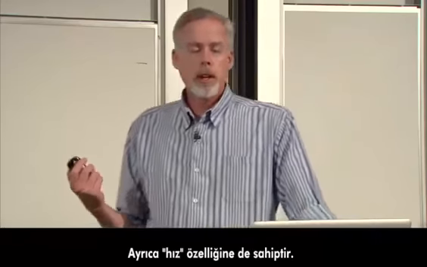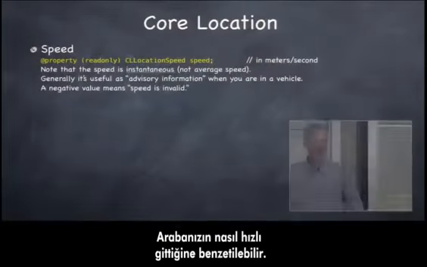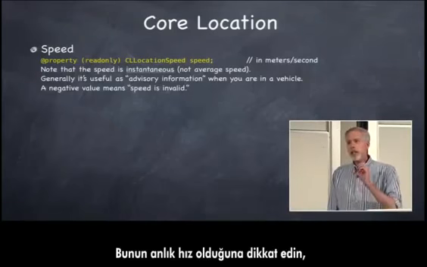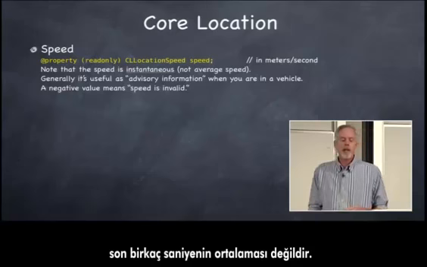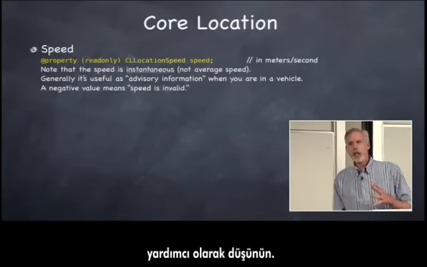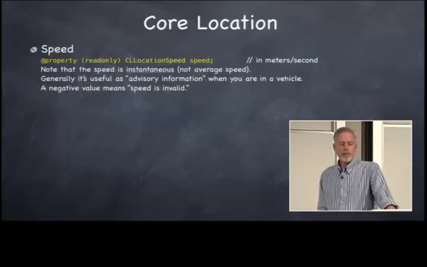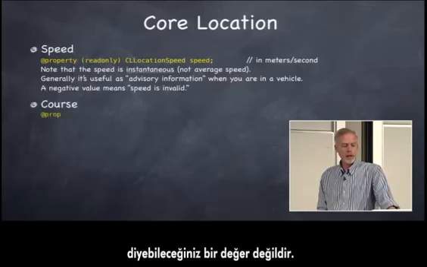It also has a property called speed, which is your speed, how fast your car is going. Notice that this is instantaneous speed, not average speed over the last few seconds. So generally you want to consider the speed property to be kind of advisory, right? It's not something that on its own you're going to say, this is exactly the speed I'm going right now.